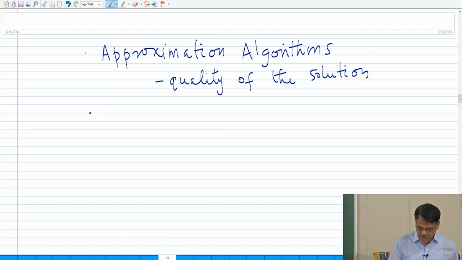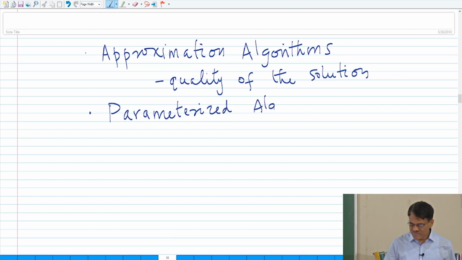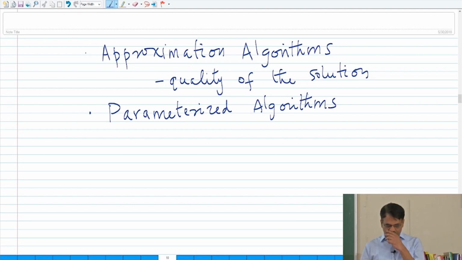The other area we will look at is parameterized algorithms. So, here the idea is we know that, let us say, minimum vertex cover is polynomial time solvable in bipartite graphs. Suppose I have a graph which is sort of close to bipartite. What do you mean by close to?